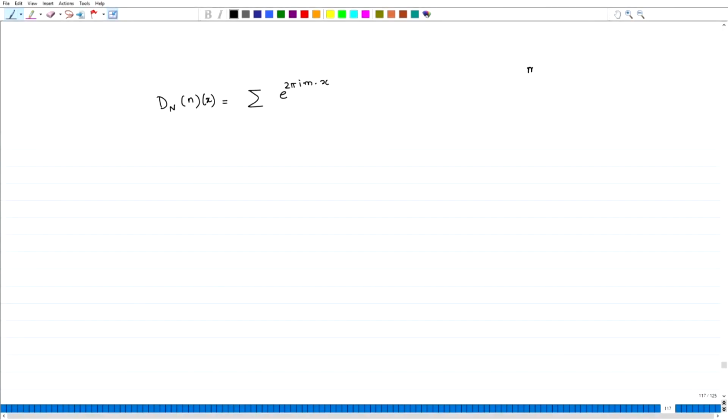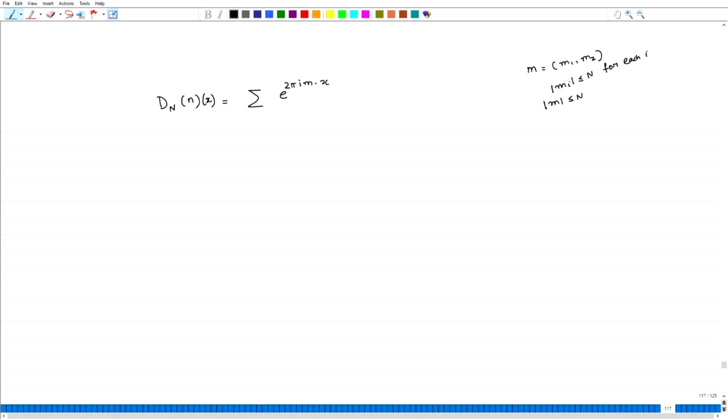Suppose we take n equal to 2, so m1 and m2. Now we have various choices. We can take both m1 and m2 with mod of m_i less than or equal to n for each i, or we can take mod of m less than or equal to n, where mod of m means (m1 squared plus m2 squared) to the power one half, less than or equal to n.